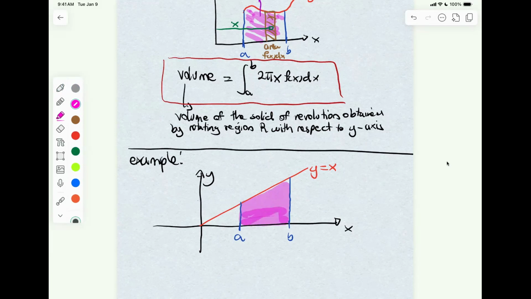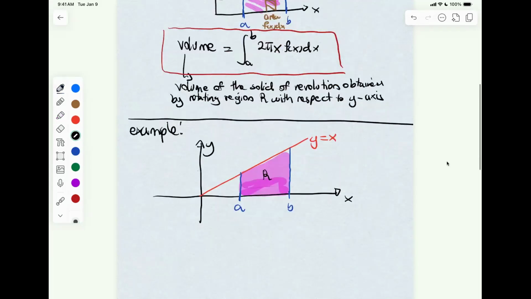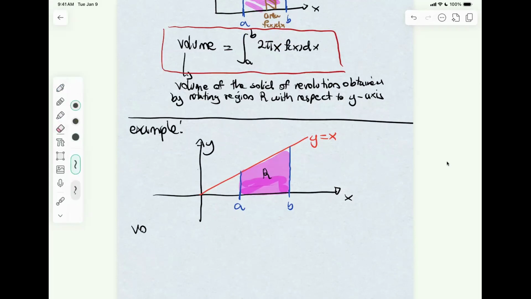Imagine that this is what I want to rotate with respect to the y-axis. I think this region is called a trapezoid, if I'm not mistaken. We want to find the volume, and by the way, this would say explicitly to use the cylindrical shell method.